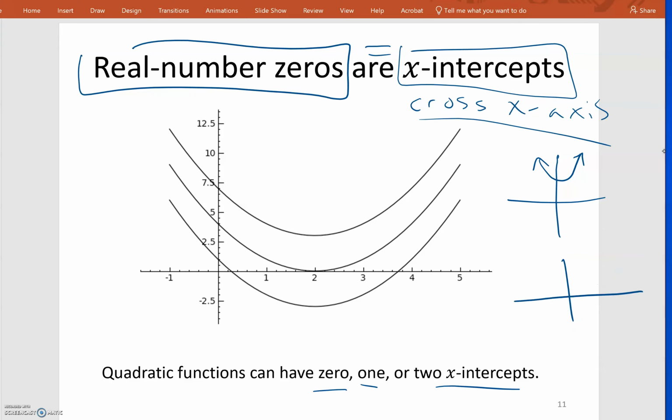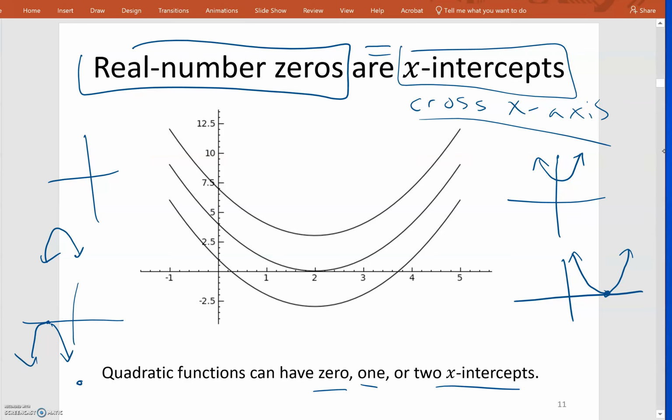A 1 zero, you basically just tap the x-axis, and then you come back up. I'm drawing them upwards facing. These could also be downwards facing, so you could have this, that's 0 zeros, or this, or 2 zeros would be like this, or like this.